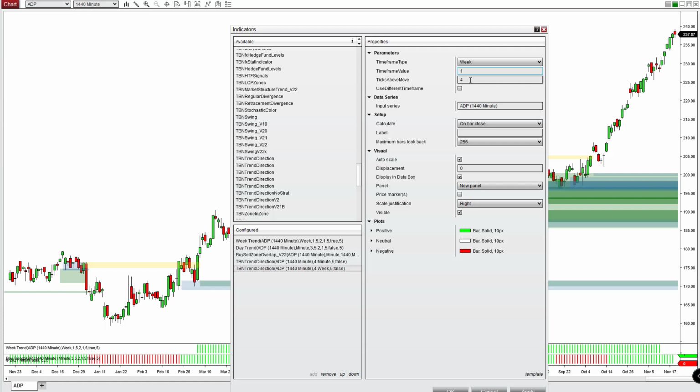So for a weekly, 4 ticks really isn't very much. You know, I'm probably going to increase that. You can just choose a number that you want. There's no magic formula here, guys. I know people try to make it appear that there is. We're going to do the same thing for this one. Ticks above, make it 60.